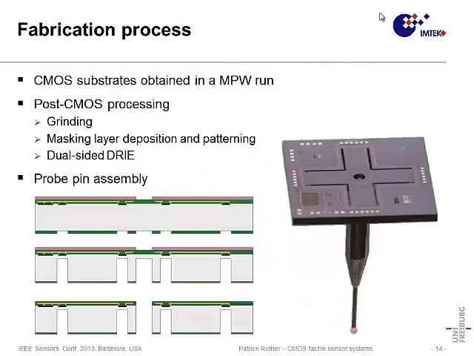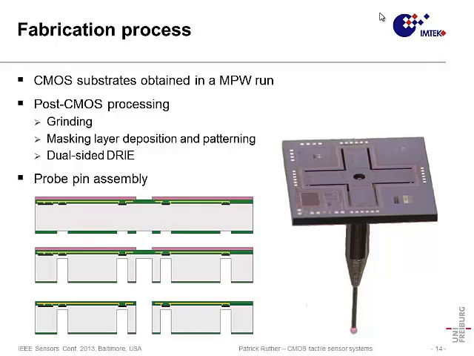Now the fabrication itself, as mentioned, is based on the CMOS process. So we use a standard CMOS process. We do it in a multi-project run with other partners, and then we do the post-CMOS processing. Part of the wafer, or part of the wafers are then processed, mainly grinding to obtain a total silicon thickness of 400 microns, a masking layer deposition and patterning on the backside.